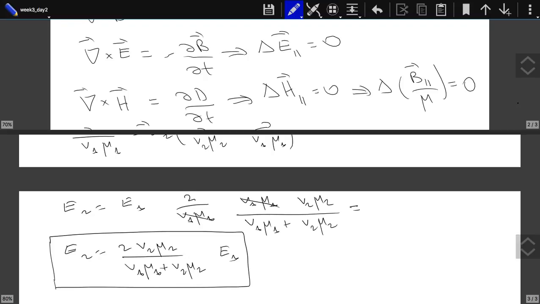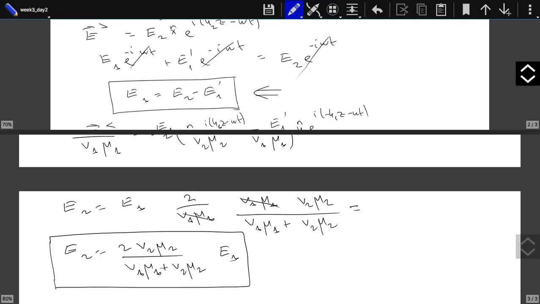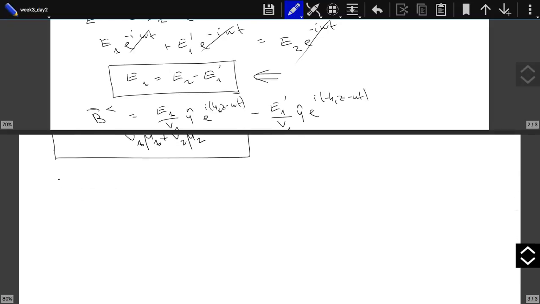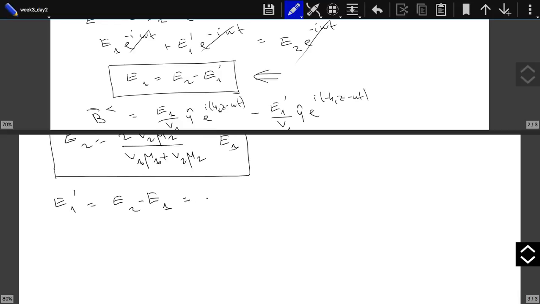Well, let's calculate E1 prime. You see, E1 prime we can get just from that equation over there. E1 prime is equal to E2 minus E1. We had already solved for E2. This is equal to twice V2 mu2 divided by V1 mu1 plus V2 mu2, minus 1, times E1.